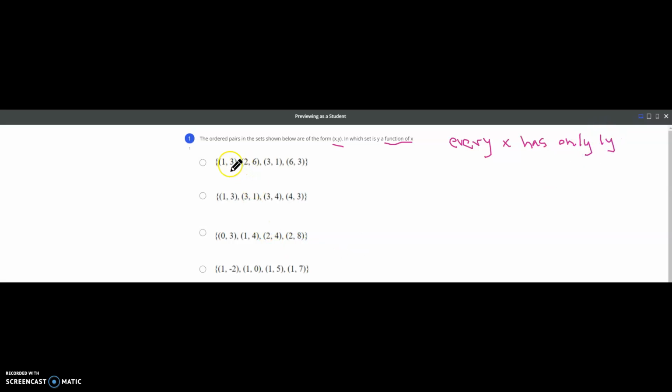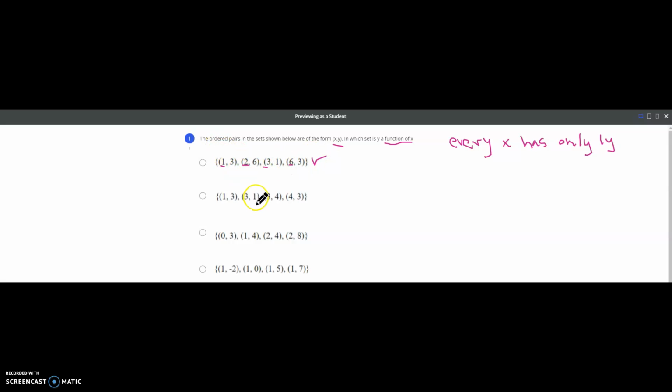So let's check it out. 1 gives you 3, 2 gives you 6, 3 gives you 1, and 6 gives you 3. So every x has only one y. So it should be this one.